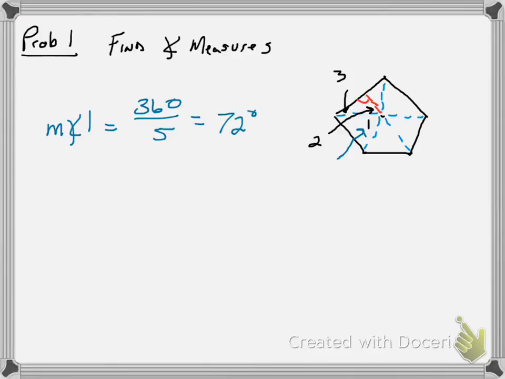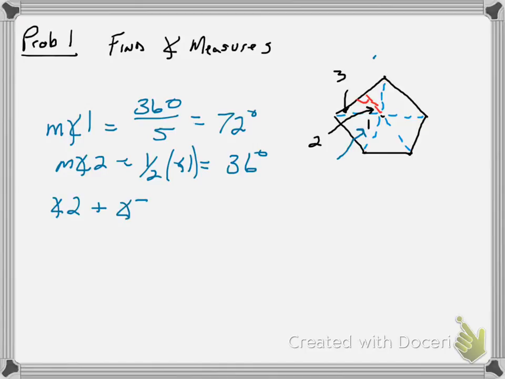So there's angle 1. Angle 2, if we look at angle 2, it's that part of that angle. It's not the whole angle on the inside. So the measurement of angle 2 is going to be 1/2 of angle 1. So 1/2 of 72 degrees is 36 degrees. And then we have a triangle formed here. So I'm going to take angle 2 plus angle 3 plus that 90 degrees is going to be 180. Why?